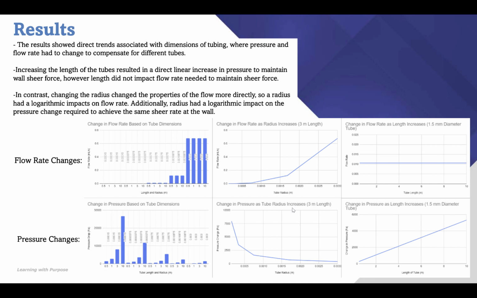For the radius increases, because radius has a two-dimensional impact on the flow, it had a logarithmic effect on the pressure and flow rate. So if you took the log of the radius and the log of the pressure, or the log of the radius and the log of the flow rate, you would get linear relationships.